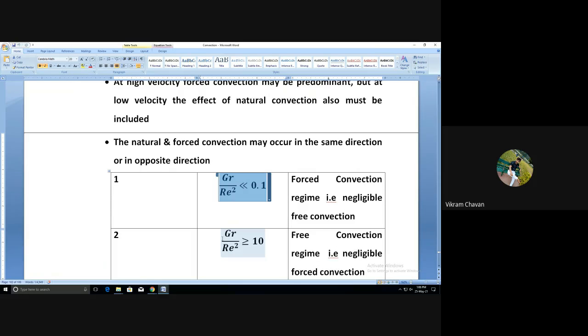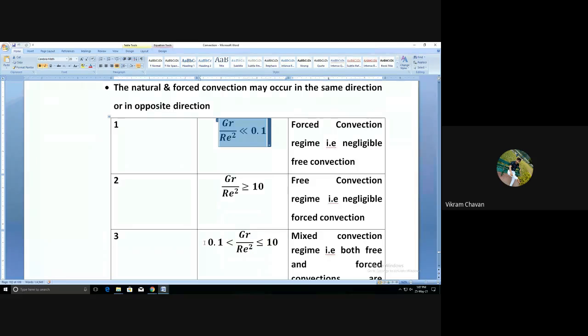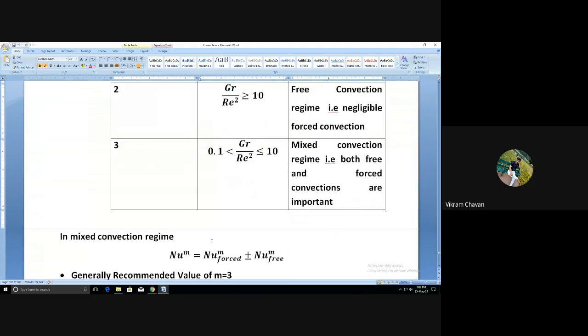If it is in between 0.1 and 10, then we consider that the problem is about mixed convection, and accordingly we have to solve that particular problem.